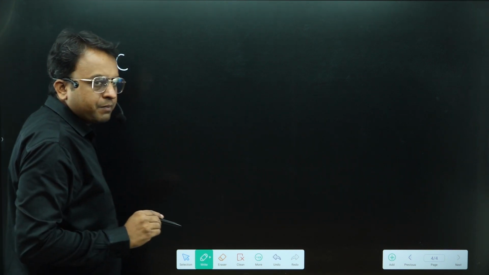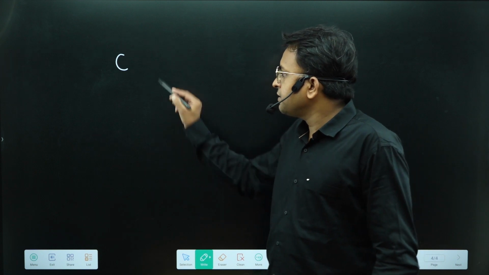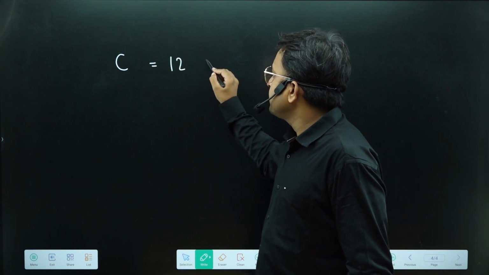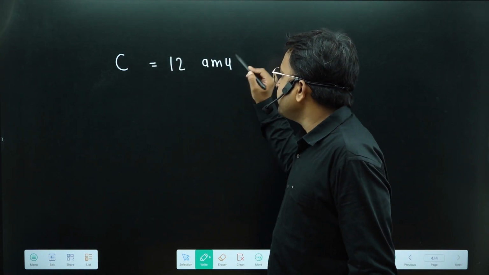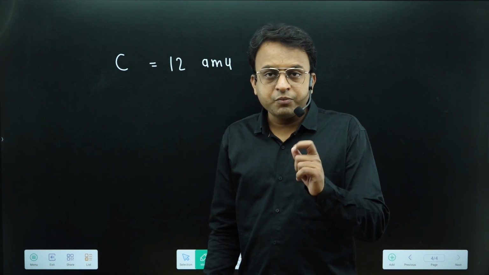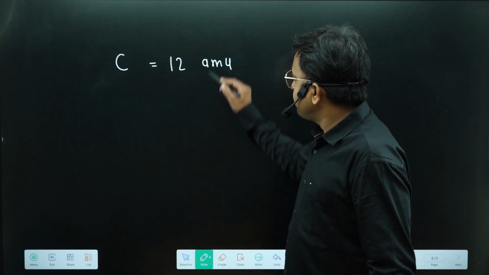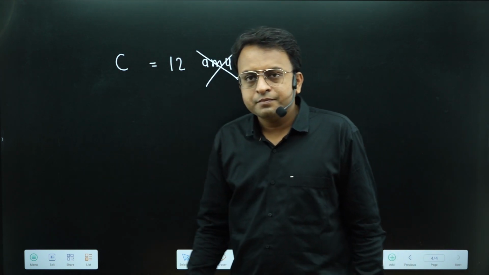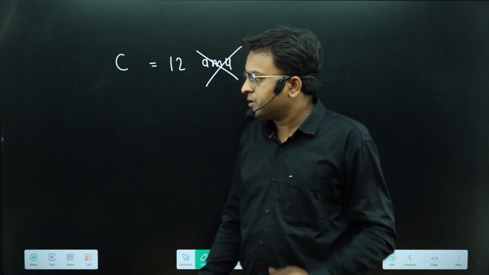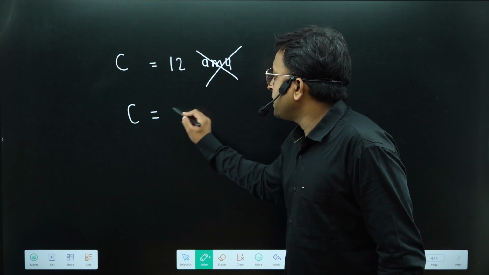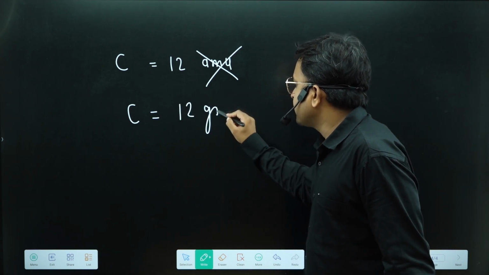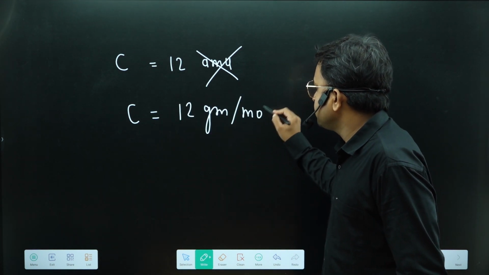What is the atomic mass of carbon? Carbon has an atomic mass of 12 AMU. But do not use AMU. If you want to understand the mole concept, forget AMU. Learn gram per mole. Carbon has a mass of 12 gram per mole.